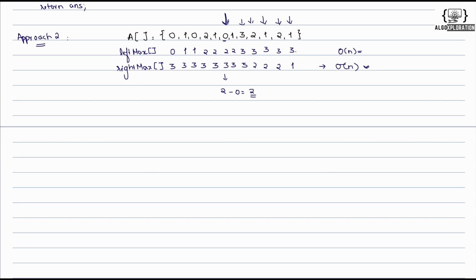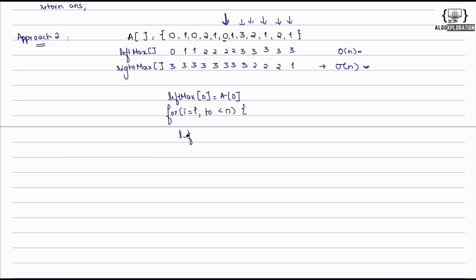So first of all, let's create the left max and right max arrays. Left max of 0 will be a of 0, right? We have seen this. First of all, we create the left max, and the first value will be the height of the 0th element itself. Now the for loop I will be running from 1 till n.